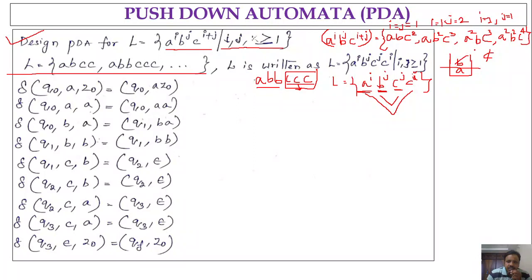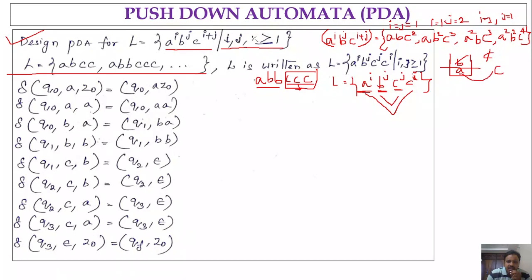So why am I doing this? Because I have b on top of the stack, so I am comparing the number of b's with respect to the number of c's. For that comparison, I am simply popping the stack, right? After the completion of b's, the top of the stack will have a. So again I'm going to compare the number of a's with respect to the number of c's.